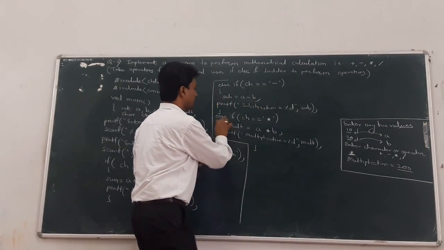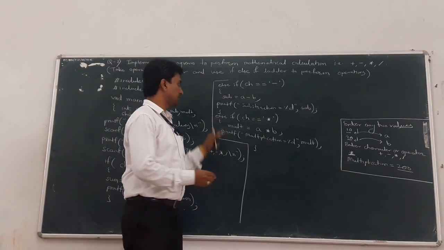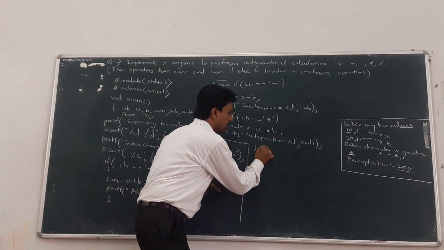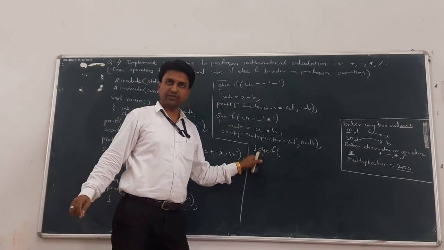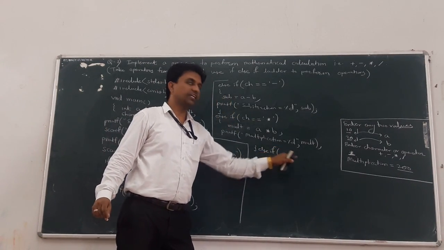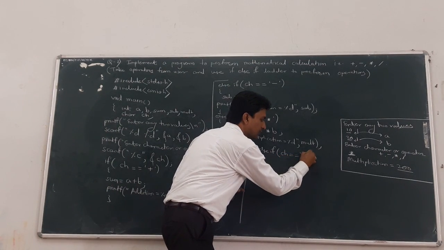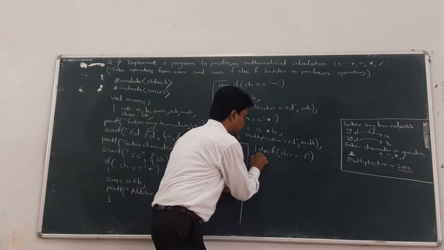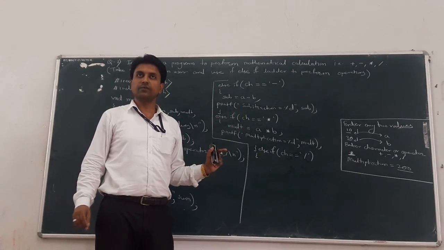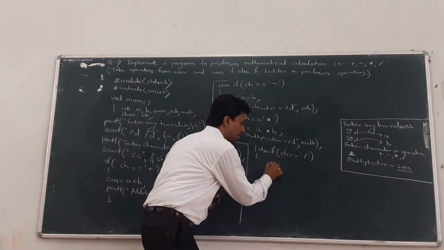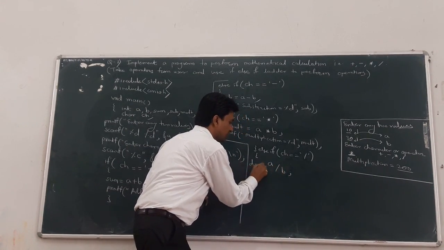Then completion of the if. Next, the fourth step, that is again write else if. Give the space here between else and if. Next condition. Now what is the condition? If ch is equal to division operator, then perform the division, means A divided by B, and store the result into the division variable.